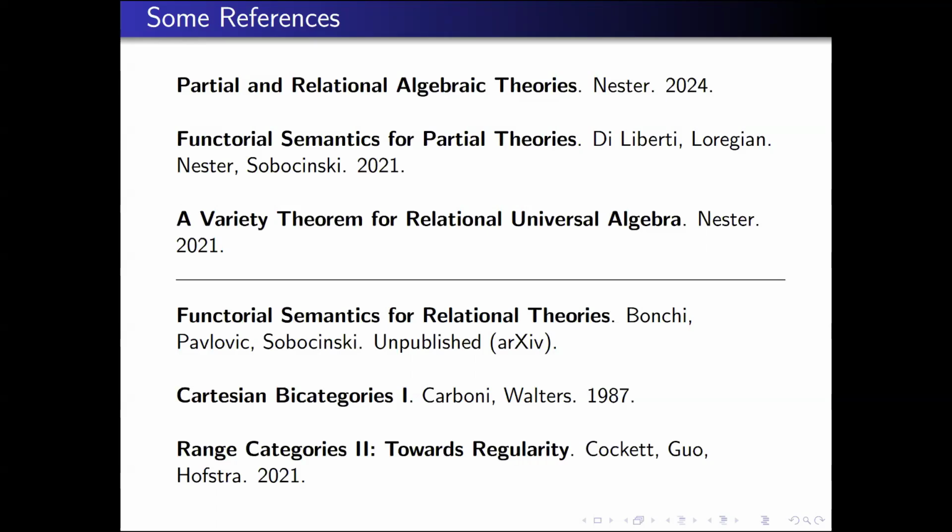They have some notes on it on the arXiv. And then there are papers by Carboni and Walters on Cartesian bicategories of relations, which is where they come from. And there's a paper that more people should read on range categories by Robin Cockett, Xiuzhan Guo, and Pieter Hofstra, where the discrete Cartesian restriction is. And there are lots of other things like this, but these are some.